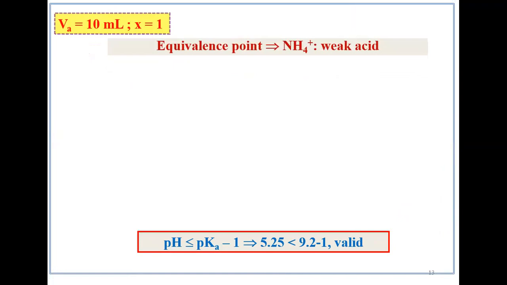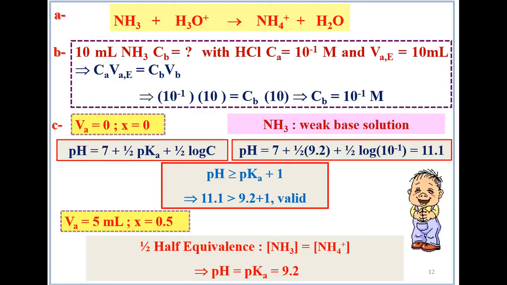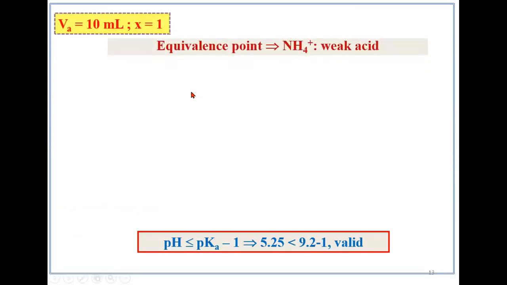At equivalence point, what happens at equivalence? Yes, everything got converted to ammonium. Again, guys, what you can do is put together a moles chart, CAVA equals CBVB, and see what you have.